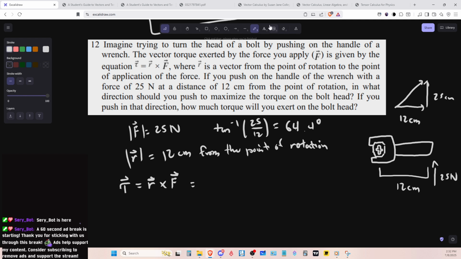So the direction would not point this way. It would actually have to go down here, because that's turning it to the right. If I use my thumb, the angle would just cover that. So it would have to turn the wrench towards us in that way.